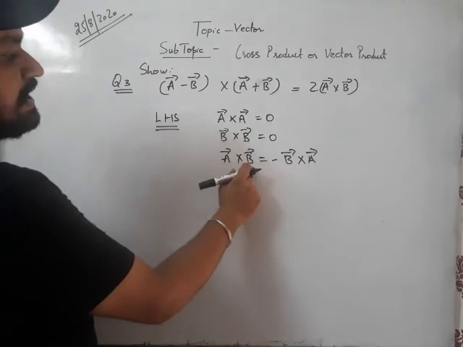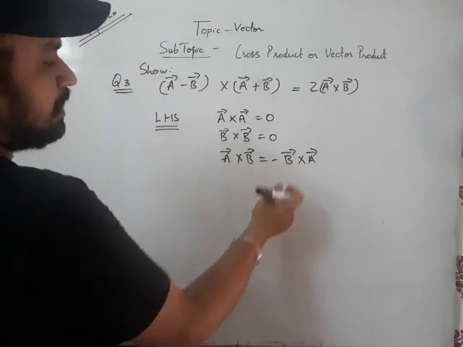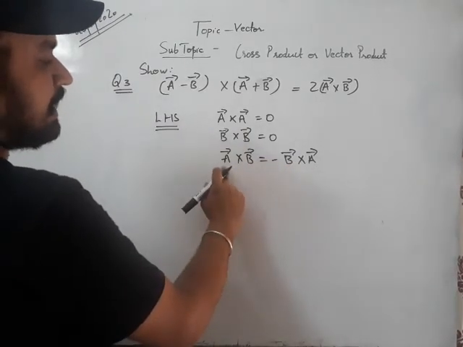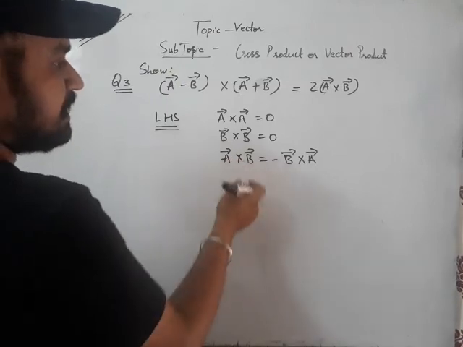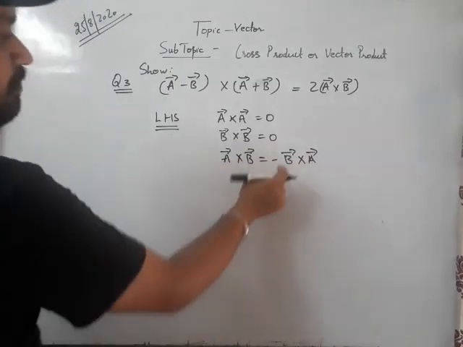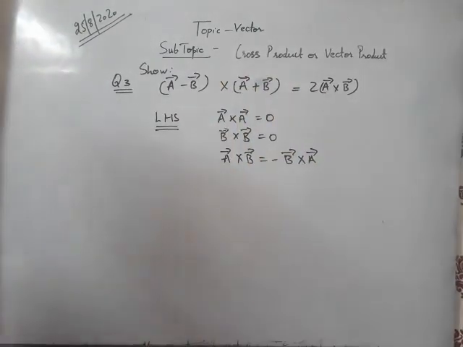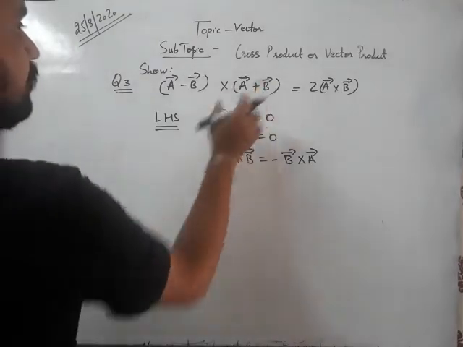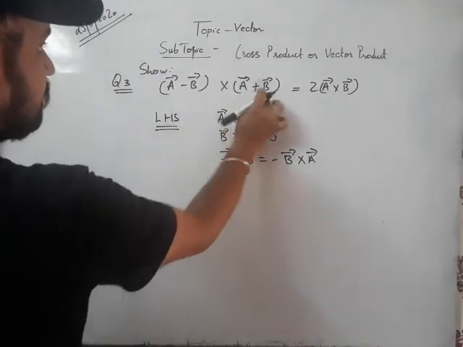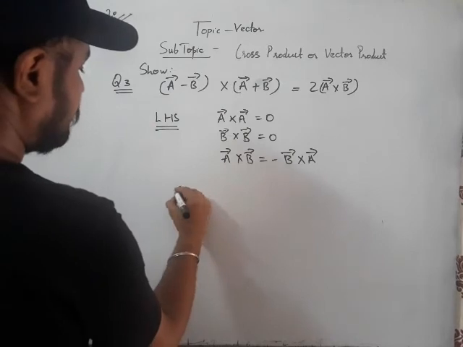If it is I cross J, it will be K cap, and if you change the order, J cross I will be equal to minus K. So a minus sign will be put over here, but there is no change in the case of the dot product.